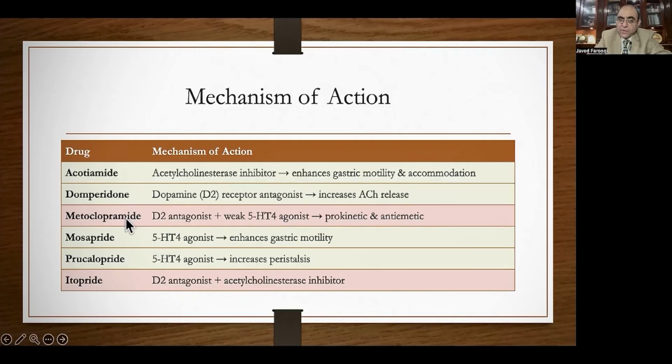While the two, metoclopramide and Itopride, I have shaded red, and they have two mechanisms of action. For example, metoclopramide is a D2 antagonist as well as a weak 5-HT4 agonist. Similarly, Itopride is a D2 antagonist plus acetylcholinesterase inhibitor.